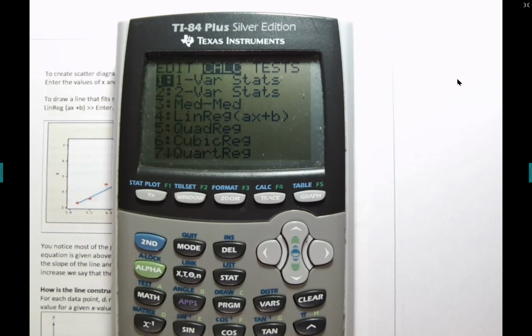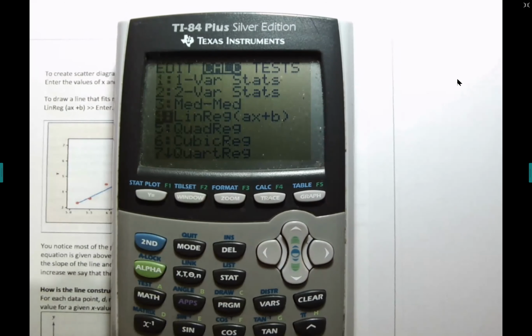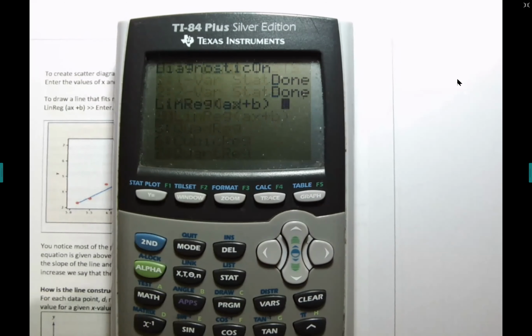Even if you had no clue, and you know your instructor has been talking about y equals ax plus b, you can tell it's going to be in the linear regression. If you have a newer calculator, it's going to ask you the X list is in L1, you confirm that. The Y list is in L2, just confirm that. But if you have this calculator, that's all you have to do. Just press enter now.